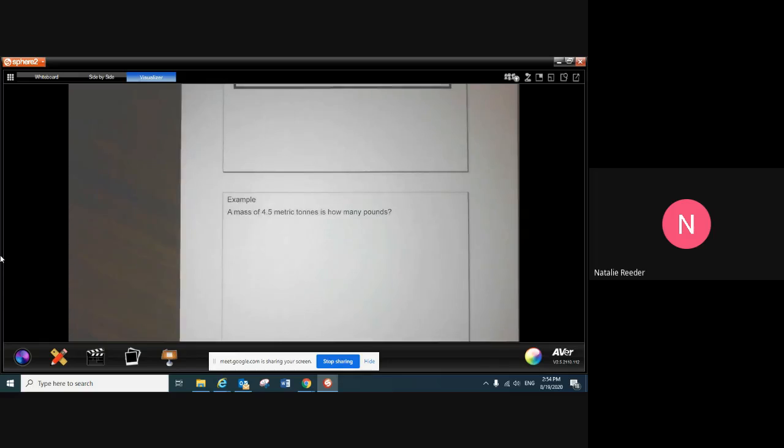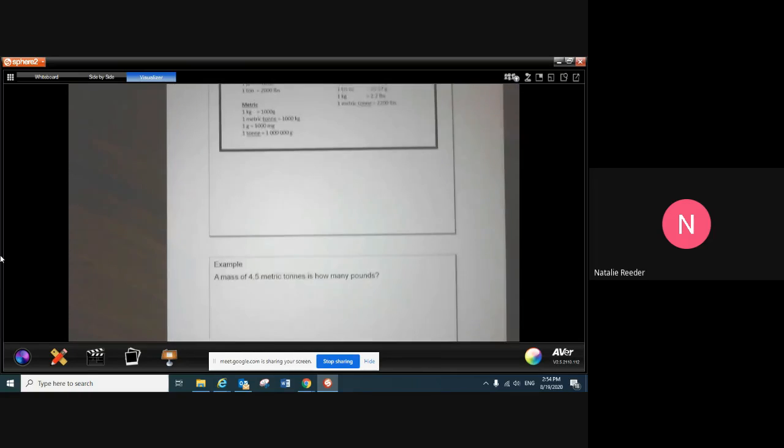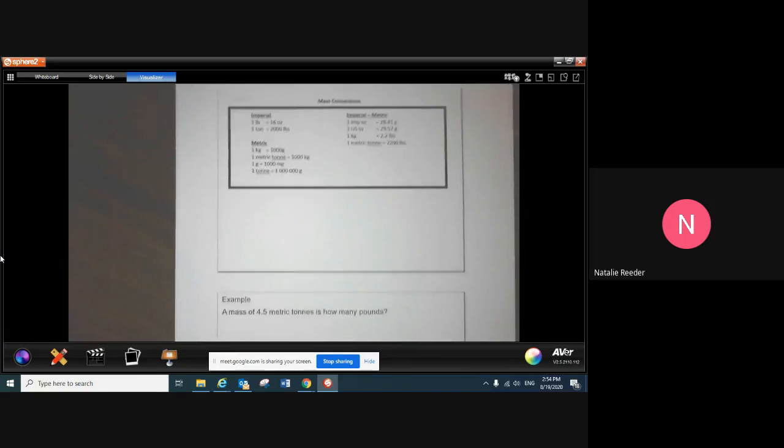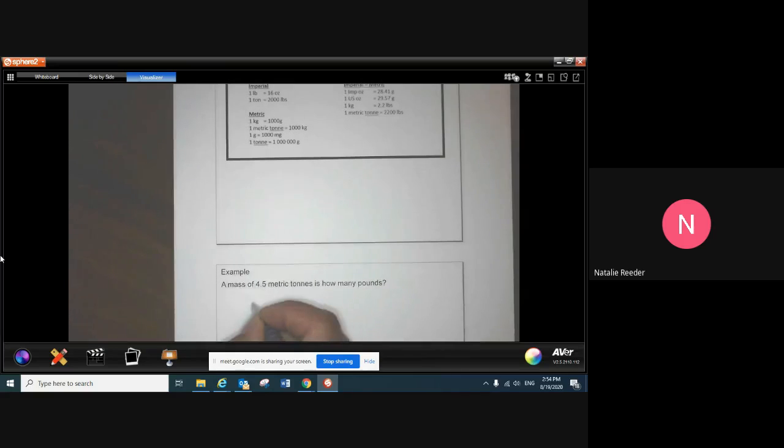So let's look at the first example here. It says a mass of 4.5 metric tons is how many pounds? If we go back to our conversion table here, 1 metric ton is equal to 2,200 pounds. So let's start by writing that out because we want to write out a proportion.